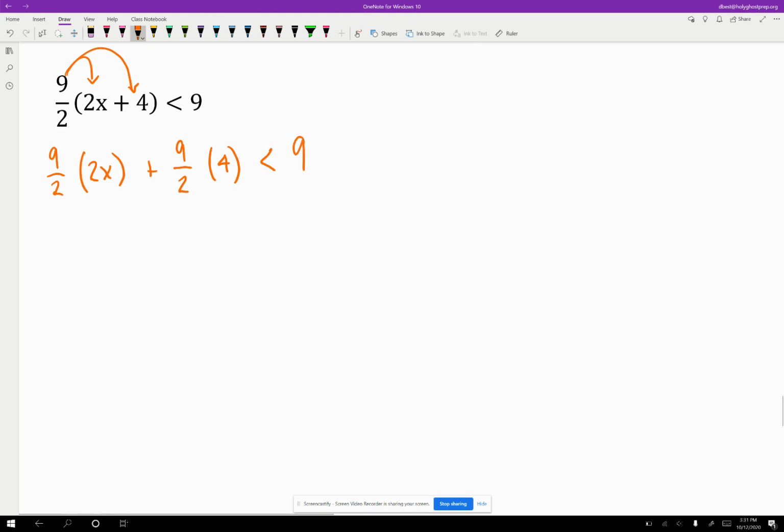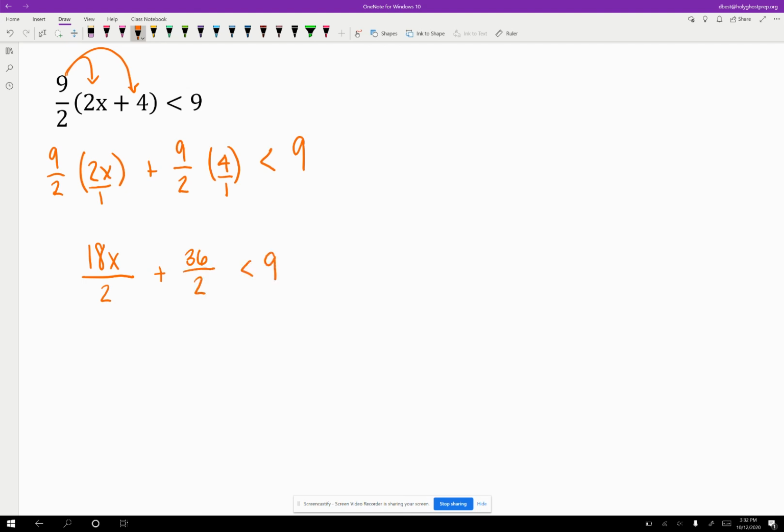And remember, when you multiply fractions, you can always write a whole number over 1 so that you can match up your numerators and denominators. So going straight across, I have 9 times 2 times x. That gets me 18x over 2 times 1 would be 2, plus 9 times 4 is 36 over 2 is less than 9.